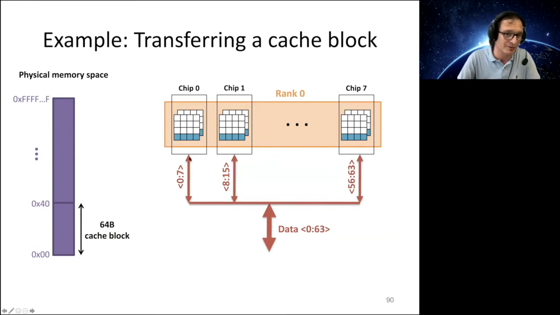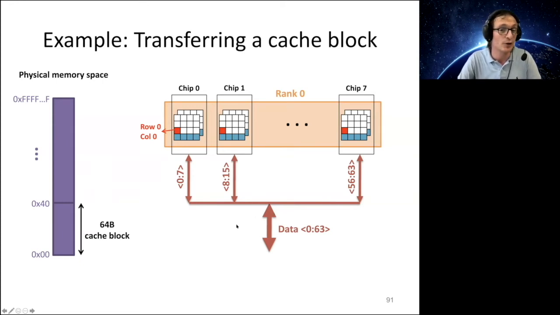This is our module, right? Module consists of 8 chips in this rank. And basically, the cache block gets distributed across these different chips to the same bank. So bank 0, let's say, to different chips. And different chips respond with different pieces of the cache block. So this is row 0, column 0 in bank 0, let's say. And you read it from all of the chips, and each chip gives you 8 bits.